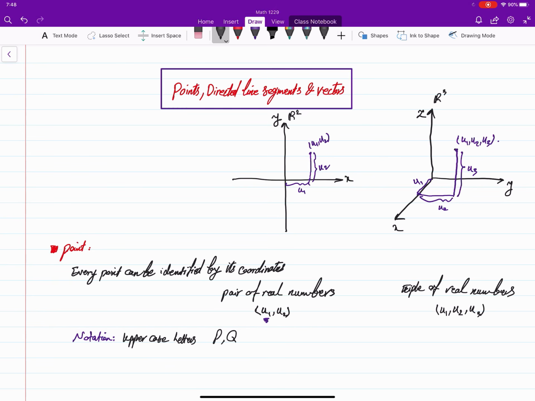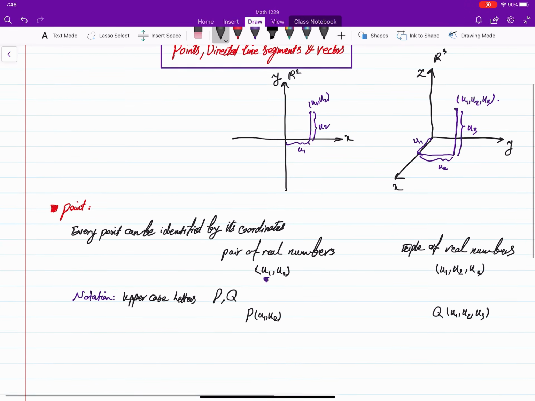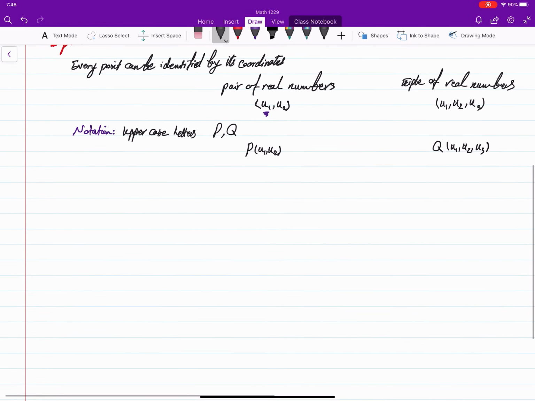And the way we denote a point with a name is that, if you have a point with coordinates u1, u2, you simply put the letter you have chosen, in this case P, in front of your coordinates. Well, this is the convention your book uses, and we will use it up to the end of this course.